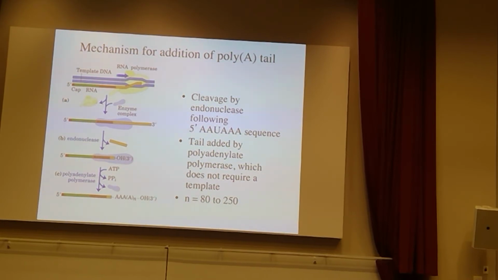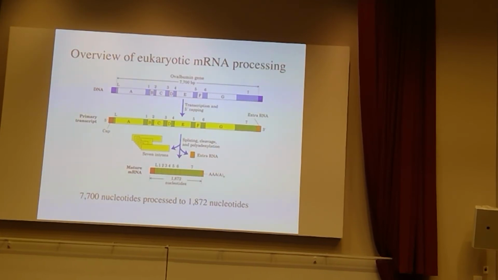The thing that makes this polymerase unusual is that every other polymerase that we've been talking about requires a template, but this polyadenylate polymerase does not, right? So it's just taking the mRNA and adding to it. It knows exactly what to use, only incoming ATP monomers, and so it actually doesn't need a template to decide from one position to the next what nucleotide triphosphate to use.